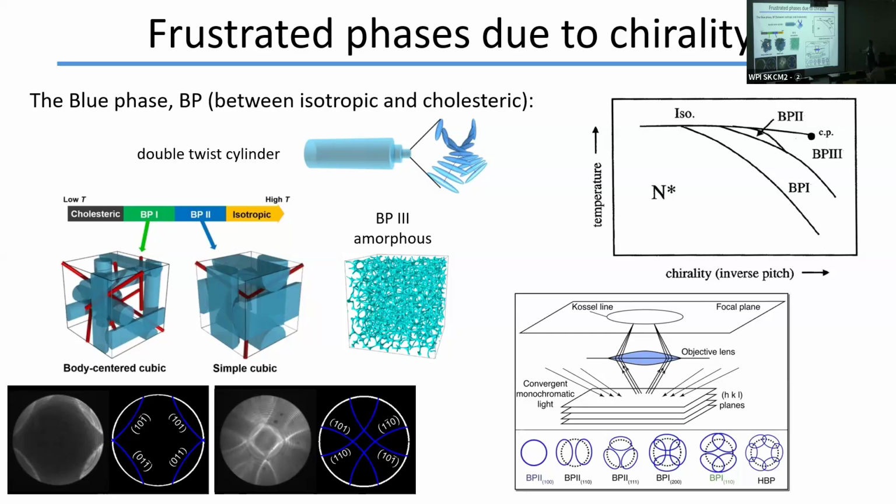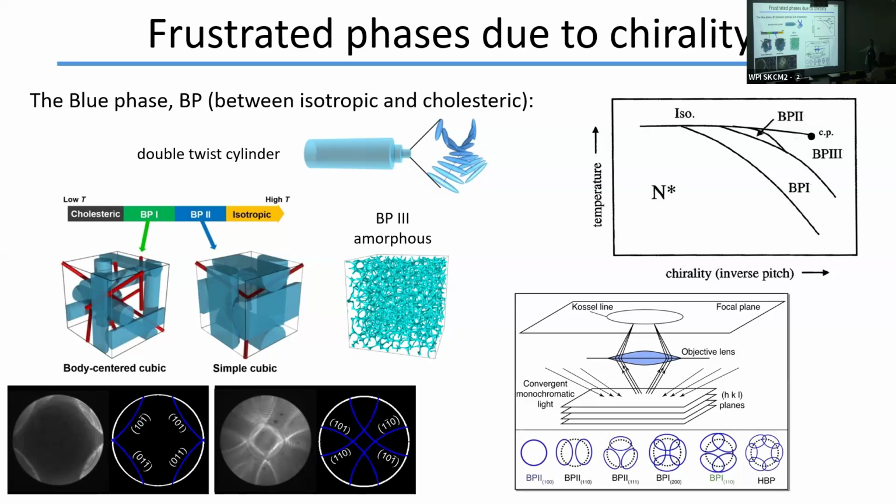So the dependence here is you change the temperature. This is your chirality. This is all strongly dependent on chirality. So if you only have a medium chiral system, it will only show the cholesteric phase.